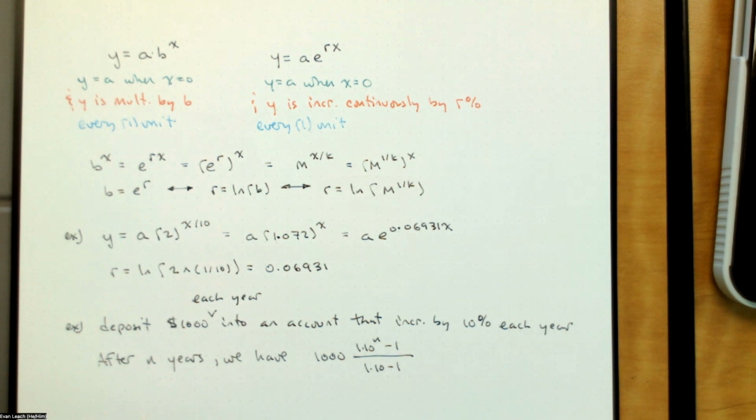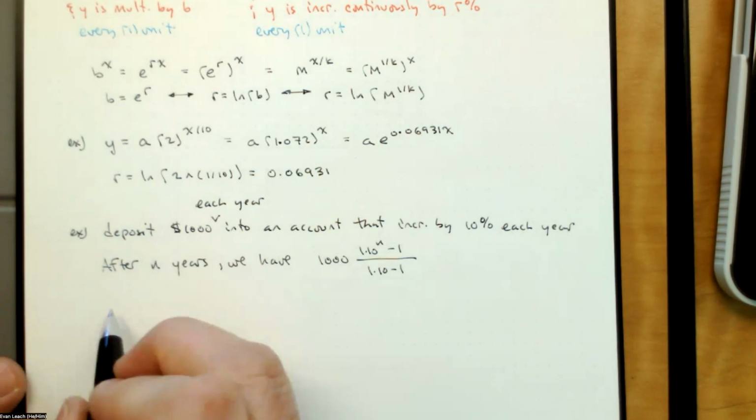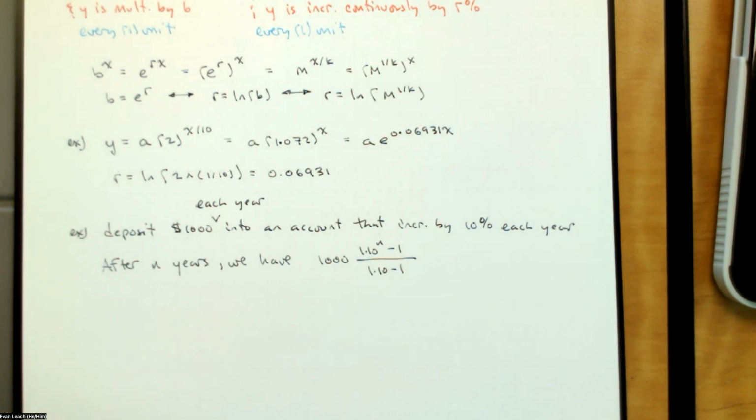So if we wanted to do this for multiple years, what we want to be able to do, we can also model this with continuous growth. So this is just increasing by 10% every year. We could turn that into a continuous growth model.